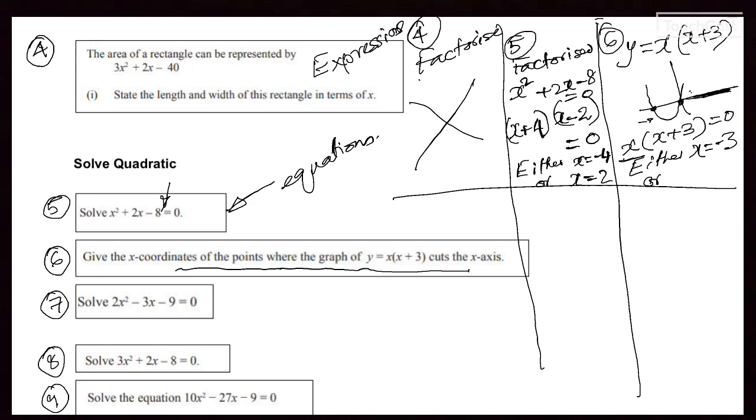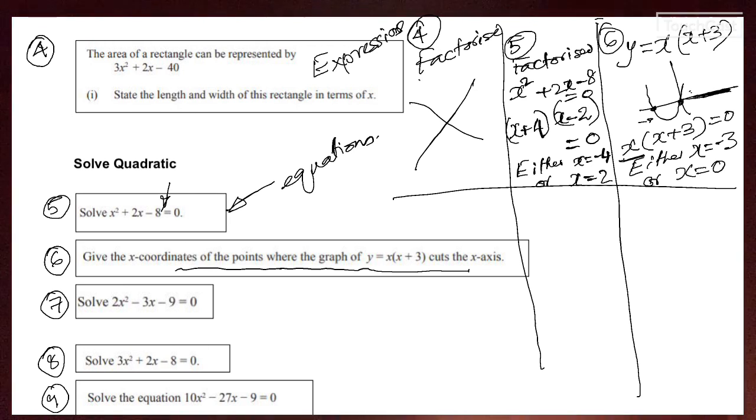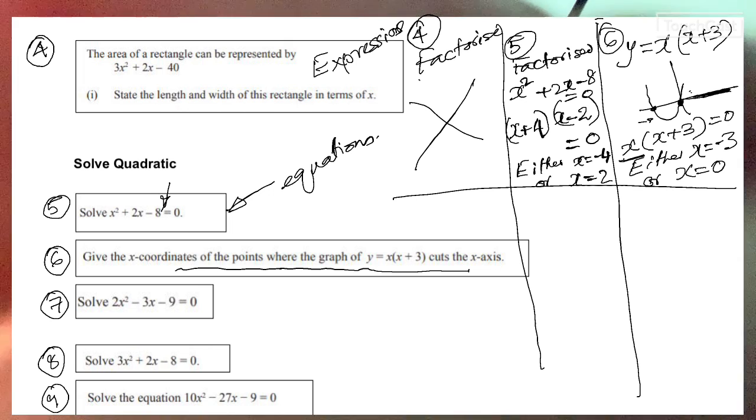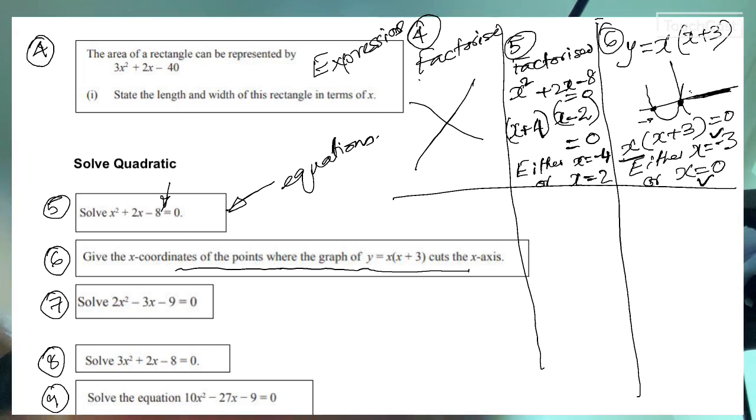If you have a lonely ranger over there, x with no added number, that means x plus 0. So another answer will be 0. And if you understand the graphical interface, that is this solution, and the other one is this.